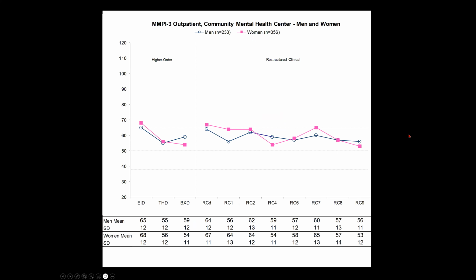Turning to the substantive scales, we can see that we have some substantial elevations, as we would expect in a mental health setting.